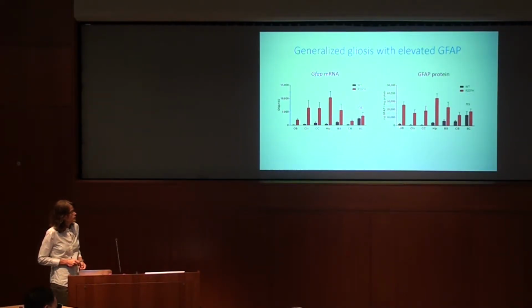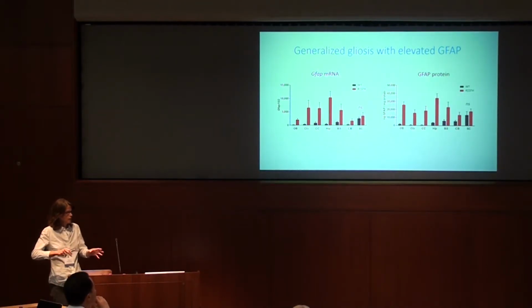And here, these bars represent different brain regions. And so across the brain, regardless of what region you look in, the mutant animals represented with the red bars have much higher levels of GFAP protein than the wild types, which are in black. Transcript is also elevated. So this is RNA, which is encoded by the DNA, and it gets translated into protein. This is elevated too in the same brain regions.